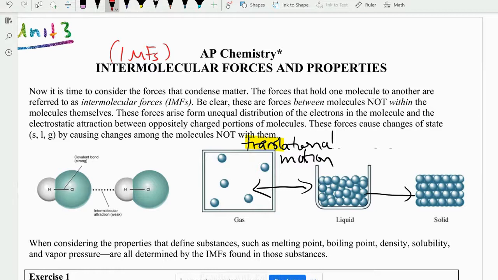And we make a note that intermolecular forces are not the same as a bond. One thing that can help you is the prefix inter, which simply means between molecules, okay? And I want you to also know that intra means within.